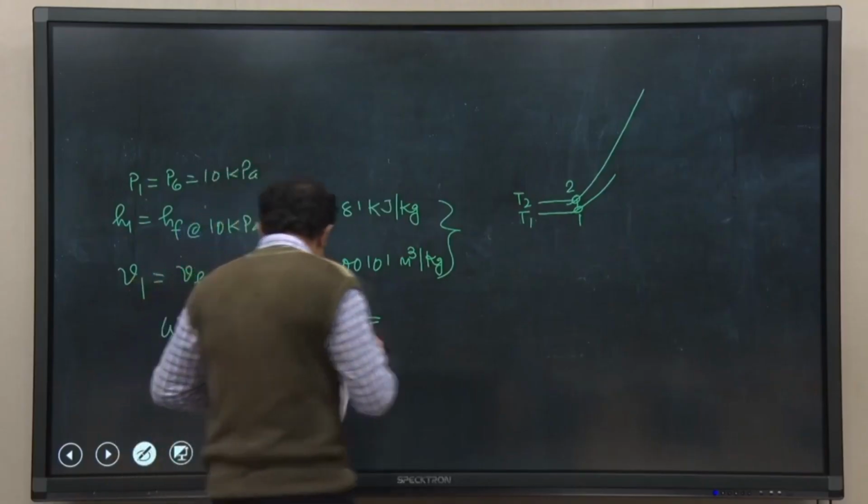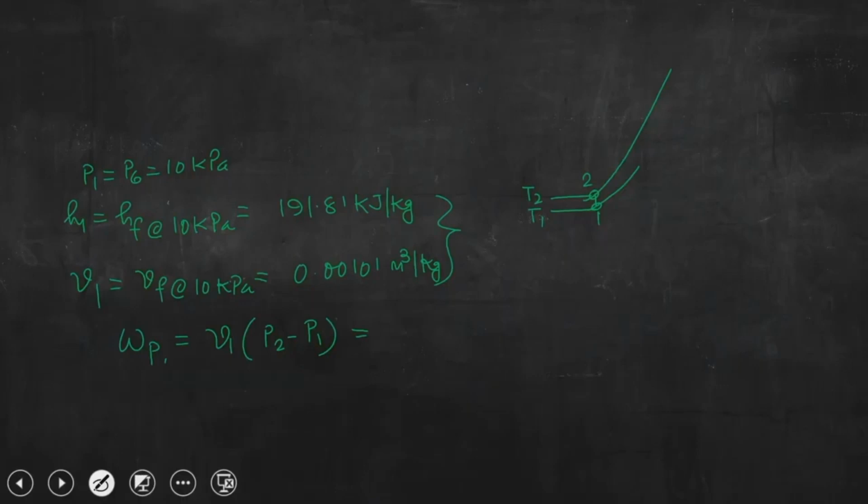If we try to calculate it, it is 15.14 kilojoule per kg, because we are trying to calculate quantities per unit mass flow rate of the working substance. So, that we have calculated. Knowing this data we can calculate H2 equal to H1 plus W pump.